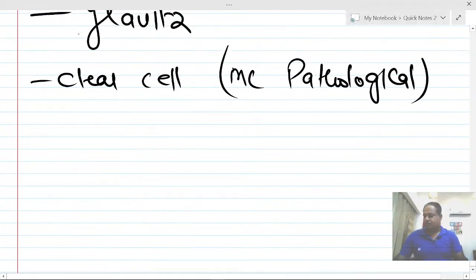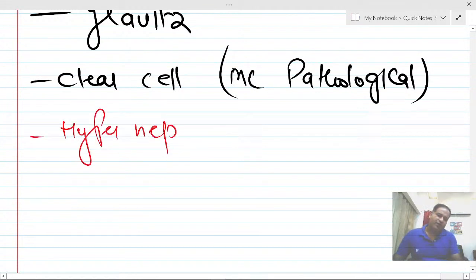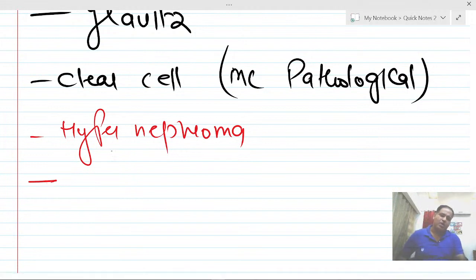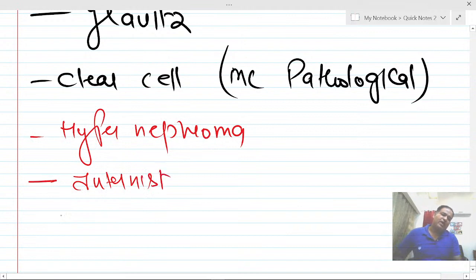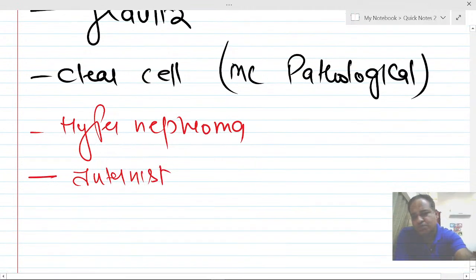It is called hypernephroma because it usually arises from the upper pole. It is called the internist's tumor because it is associated with several paraneoplastic syndromes.